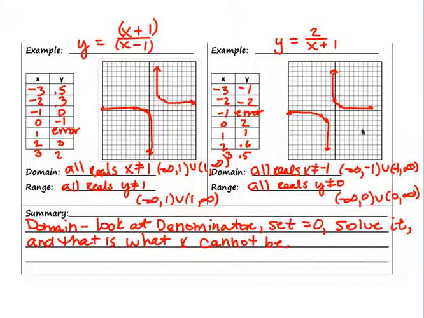So, for example, just to make sure you get it, for this one right here, if you just set that denominator equal to 0 and solved it, you would get x equals -1, and that's the number that it cannot be. For this one, if you just take your denominator, only the denominator, and set it equal to 0 and solve it, that gives you what x cannot be.